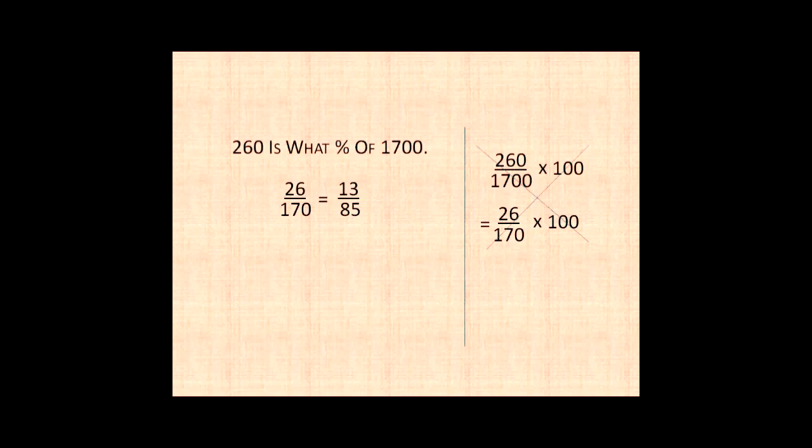So we are not actually calculating 13 is what percentage of 85. We're calculating what percentage of 85 is narrowing down to 13. There is a big difference over here, which we'll be able to understand once we see the method. So we are finding out 13 will be what percentage of 85 by calculating various percentages of 85 and narrowing down the result to 13.